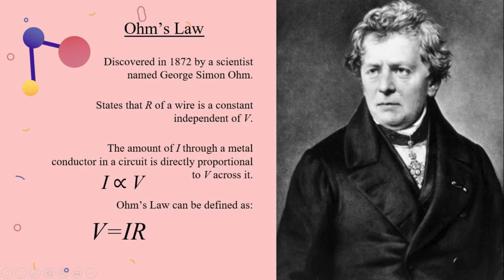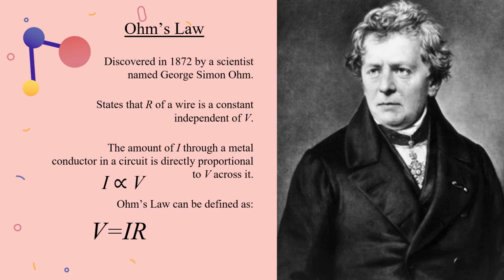As we can see in equation 1.1, I is directly proportional to V. So when we plot a graph of I versus V, we get a linear line. That is proof that R is independent of V, and through the graph we can also define Ohm's law as V equals IR, as shown in equation 1.2.